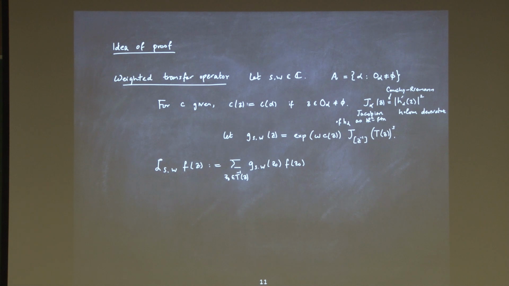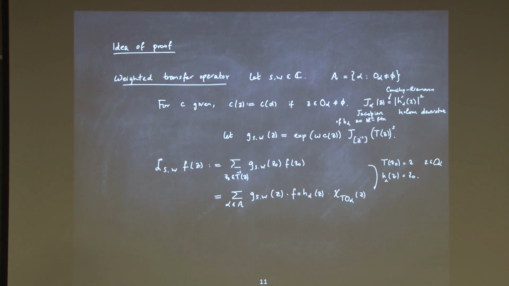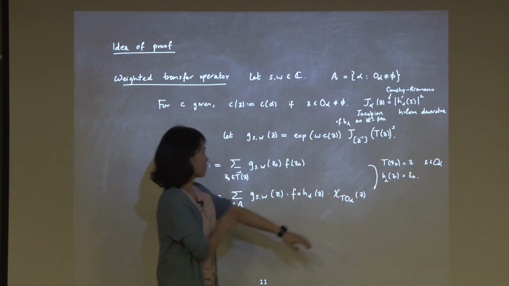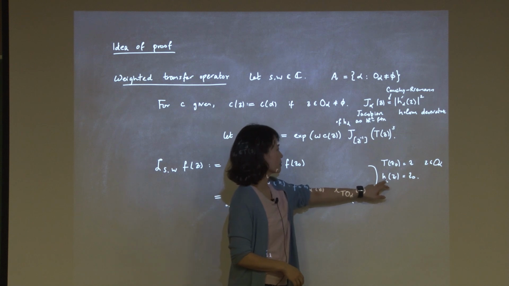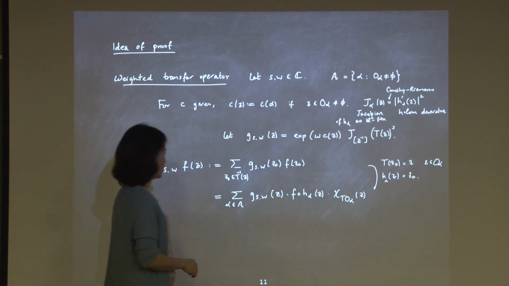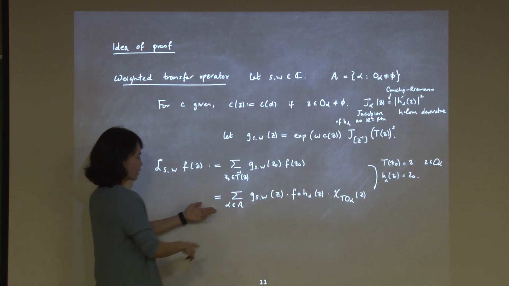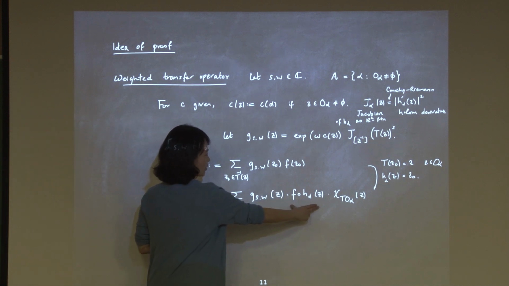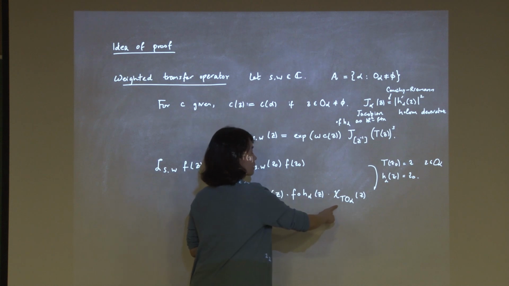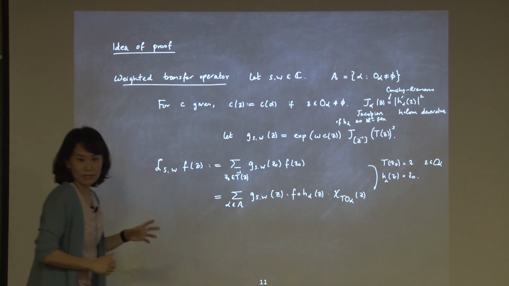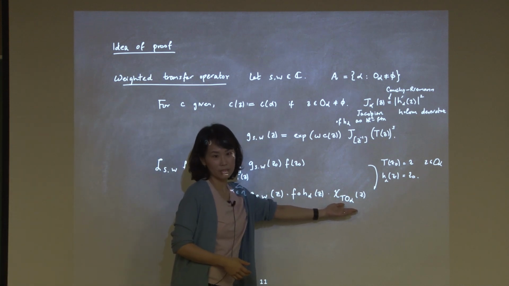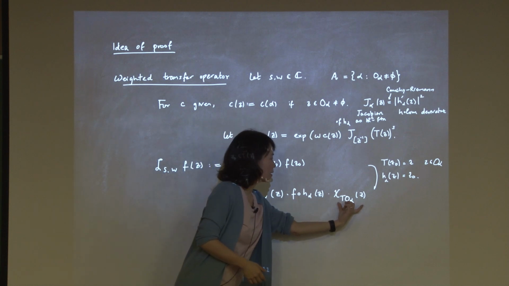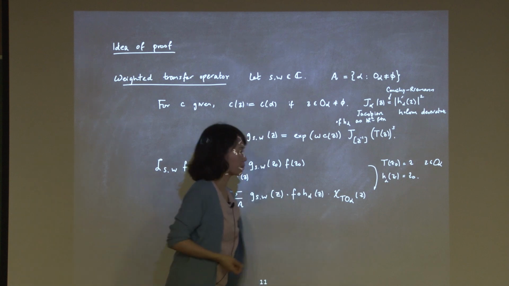Using the inverse branches H alpha, where T of z0 is z and H alpha of z is z0, we can think of it as a sum with the same weights, but now with the characteristic function of T O alpha. As I said, we wanted to see this as living in the C1 space. That's why we have this characteristic function of T O alpha, and we want it to be a C1 function.